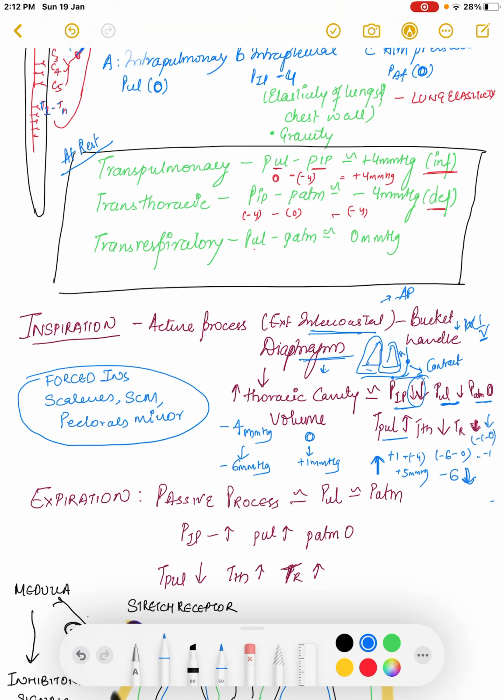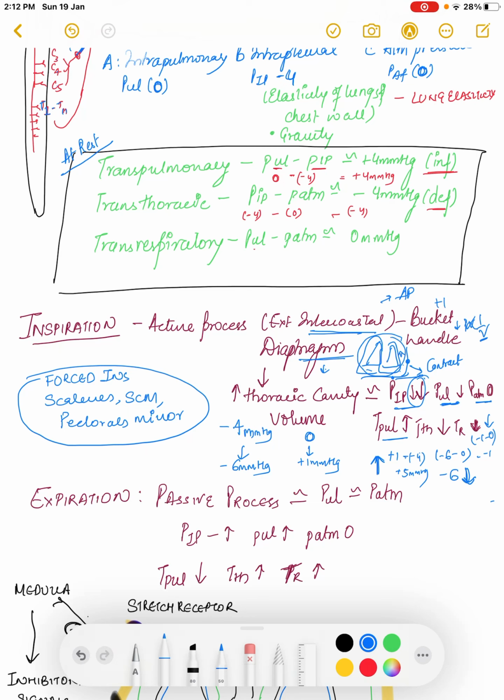So the transrespiratory pressure decreases. So basically in a lung, the inflating pressure increases and the deflating pressure decreases. Thus inside the lung there will be negative pressure, outside the lung it is positive pressure.